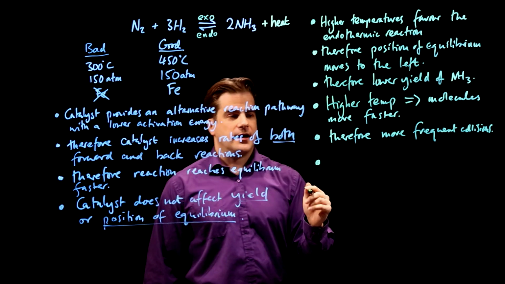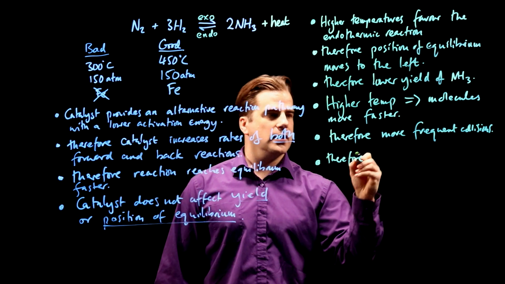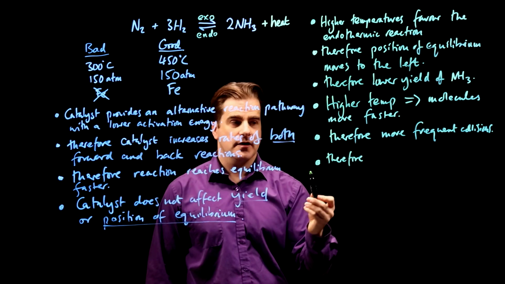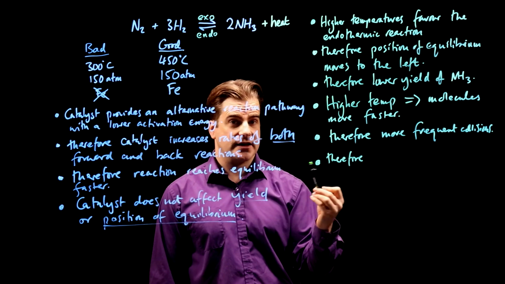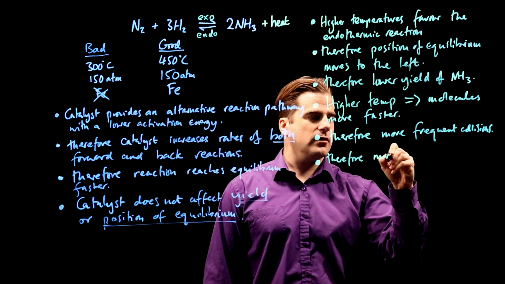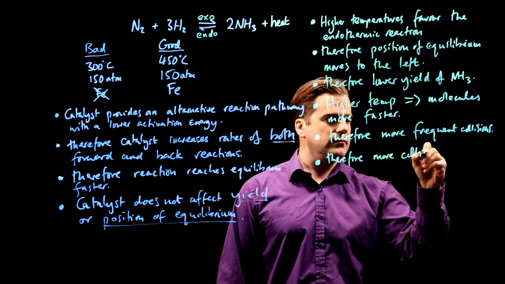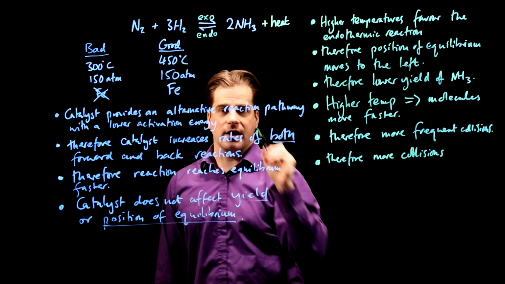Use your knowledge again. Therefore, not only do you have more frequent collisions, but more of the collisions have a high enough energy to cause a reaction to happen. Therefore, more collisions. We're talking about collisions between the nitrogen and the hydrogen.